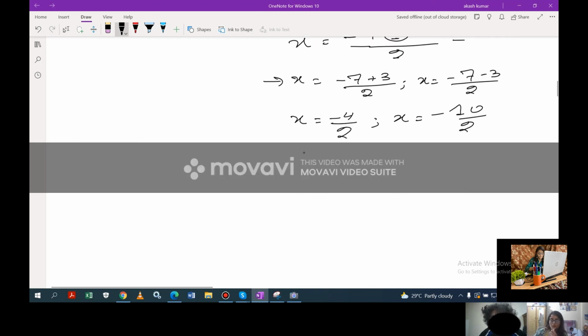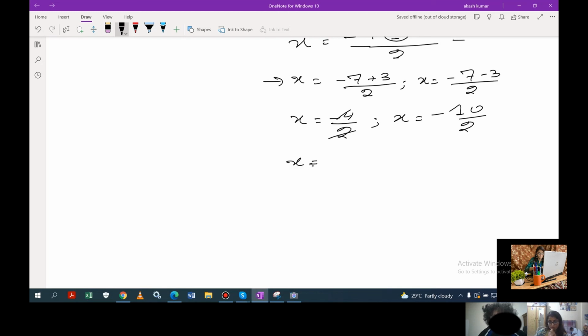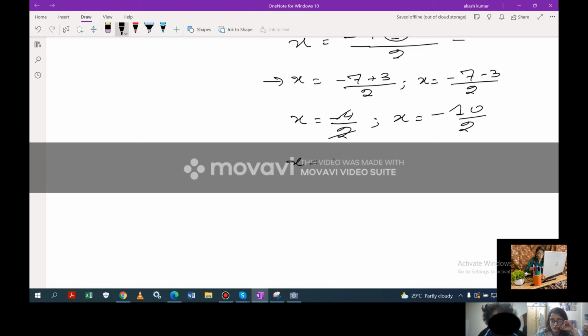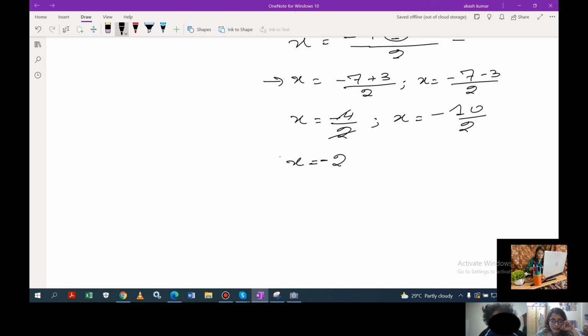So how many times does 2 go into minus 4? 2, but we have a minus sign as well with 4, so minus 2. Negative 2 is our one solution to the equation.